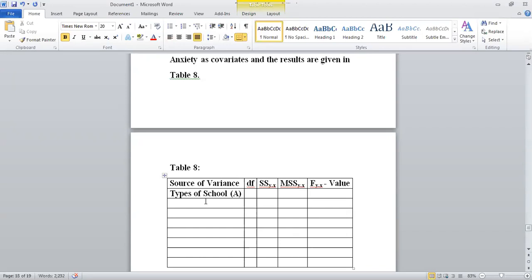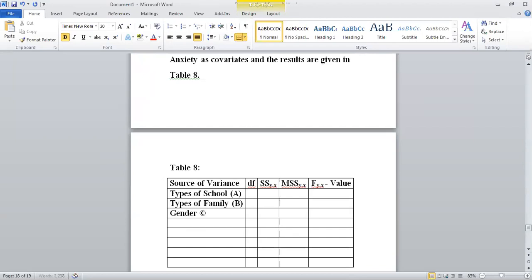So types of school I have done, then the types of family, and if I say B, then gender.